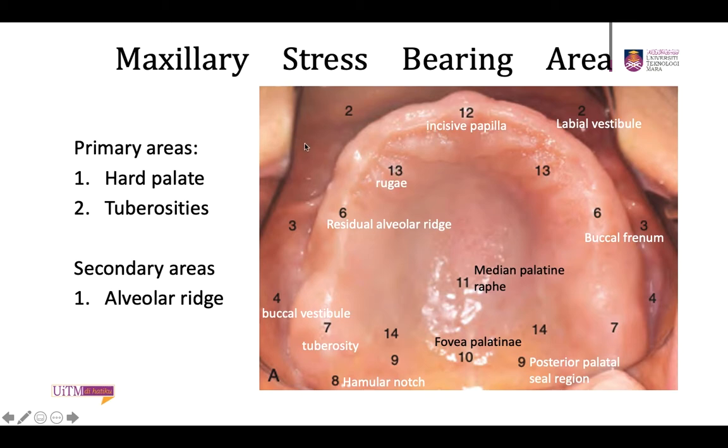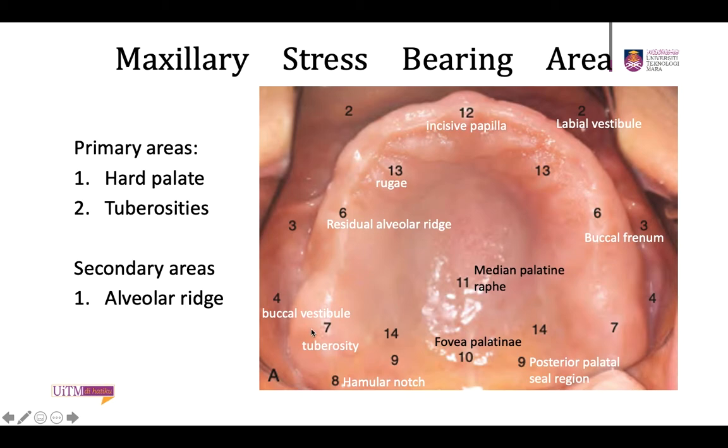But the maxillary stress-bearing areas that I want to stress in this lecture are 3 structures. It is divided into the primary areas and the secondary areas. For the maxillary stress-bearing area, first is the hard palate. The whole hard palate should actually be covered by the denture base. So this is the main area that receives the load from your complete denture.